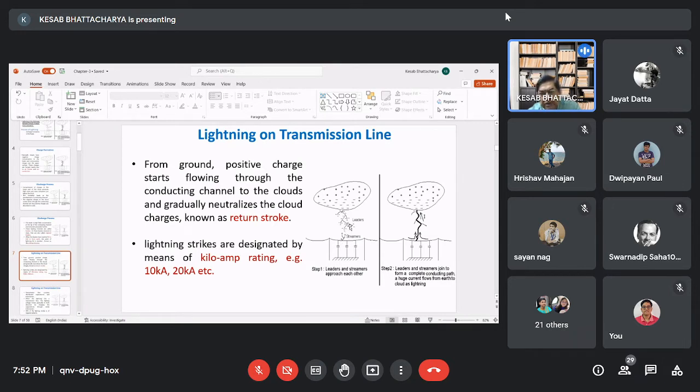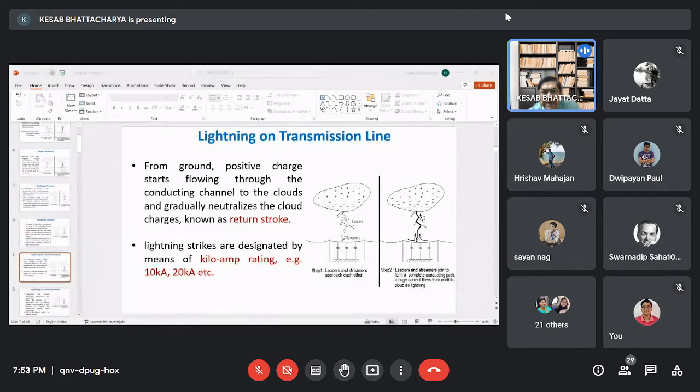So there is a complete short circuit between the earth and upper atmosphere. And from earth, positive charges start flowing through the same conducting channel to the cloud and start neutralizing the negative charges there.